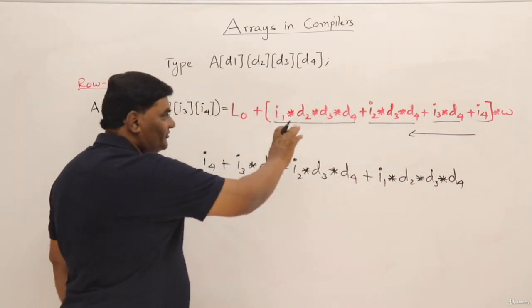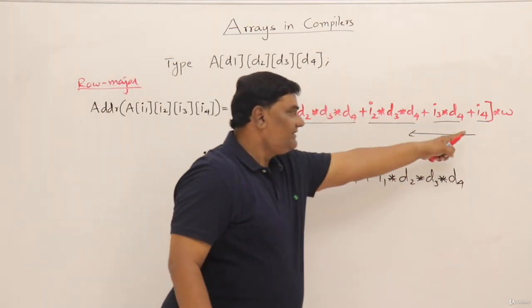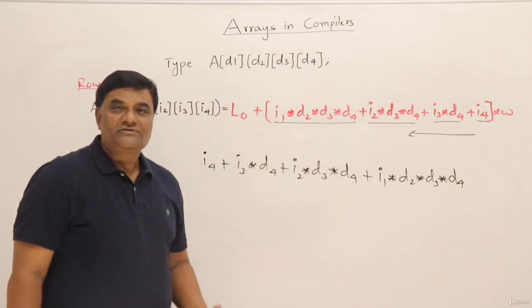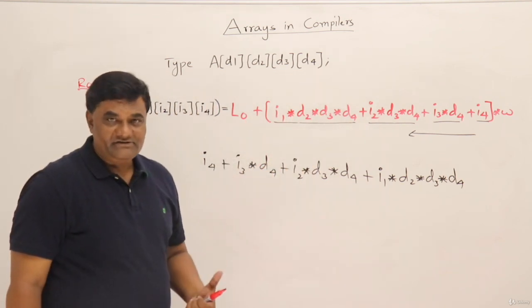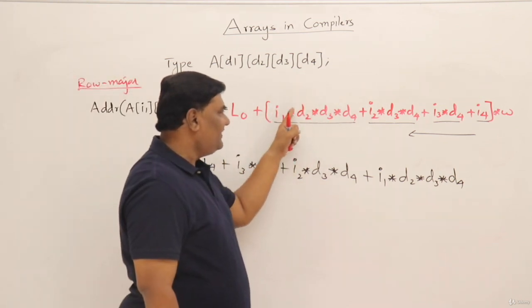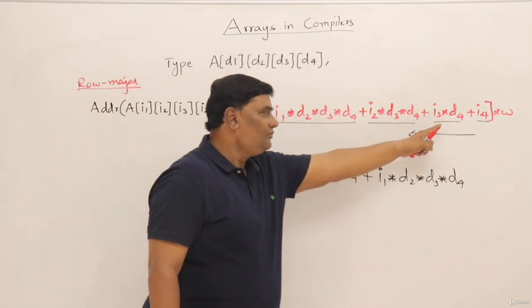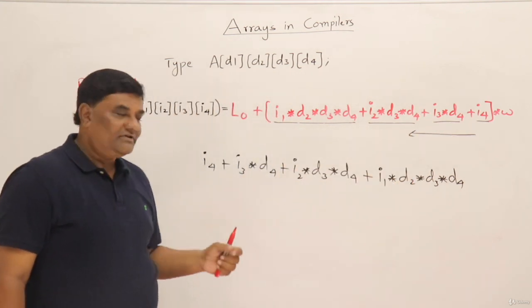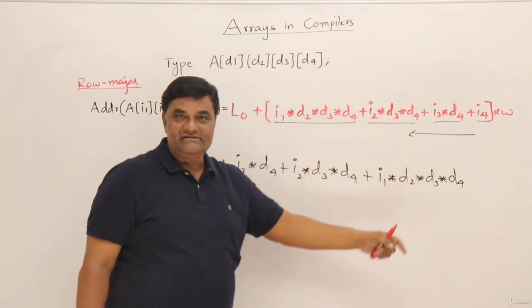So I have taken only the portion of the formula that is inside the brackets and I have written it from the last term onwards so that we can reduce the number of multiplications. If you observe, this has 4 values multiplied, 3 values multiplied, 2 values, and then there is no multiplication. So I have taken from the smaller value onwards. First smaller, then go on increasing.